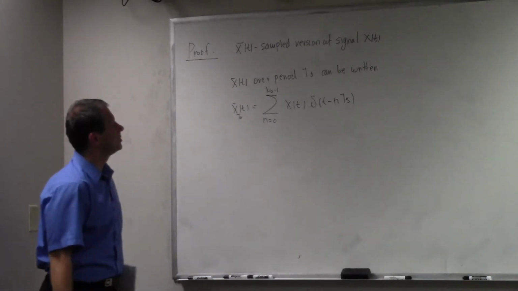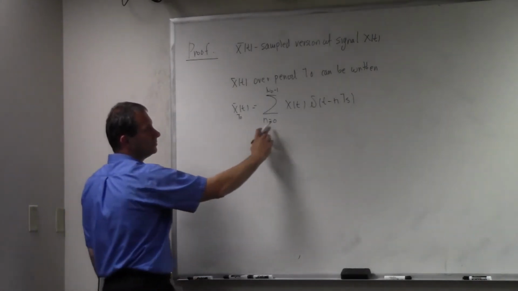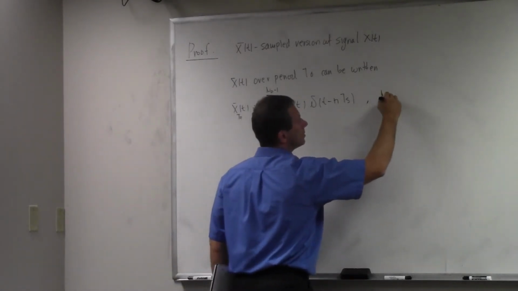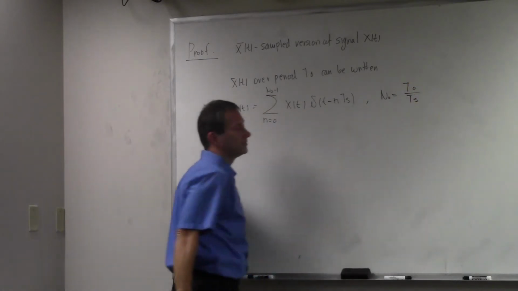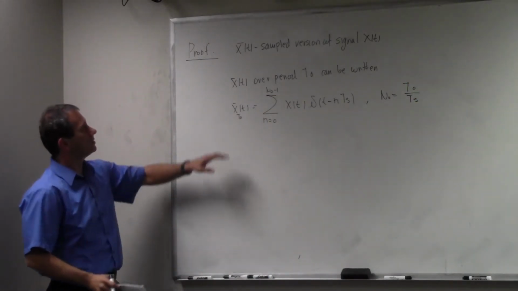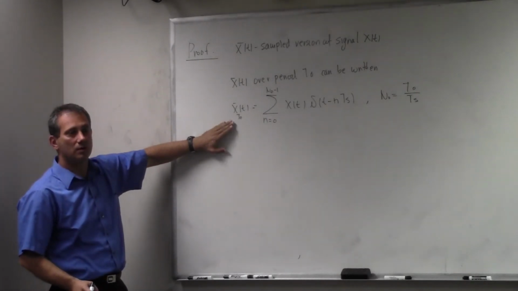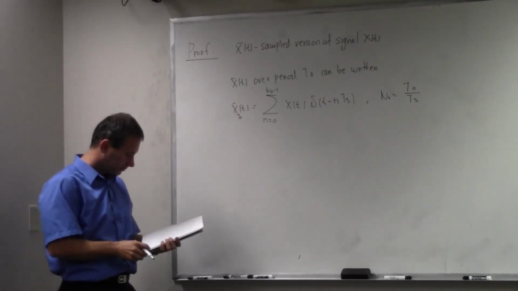I have n0 samples over duration of t0, because remember, n0 is equal to t0 divided by ts. So that's the sample version of the signal over this period t0 that I use for processing.